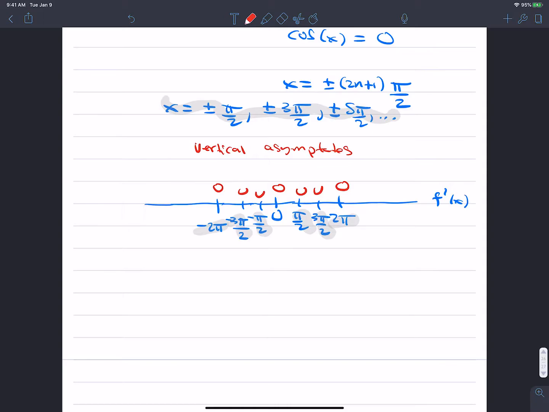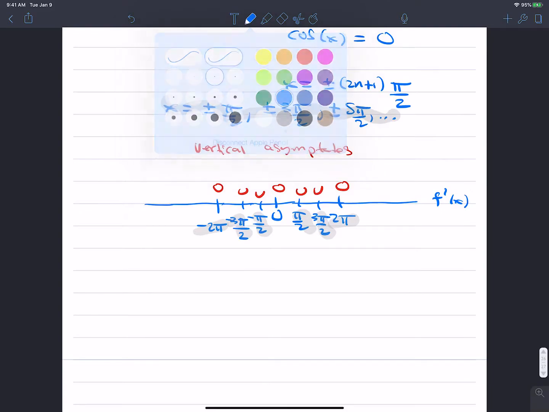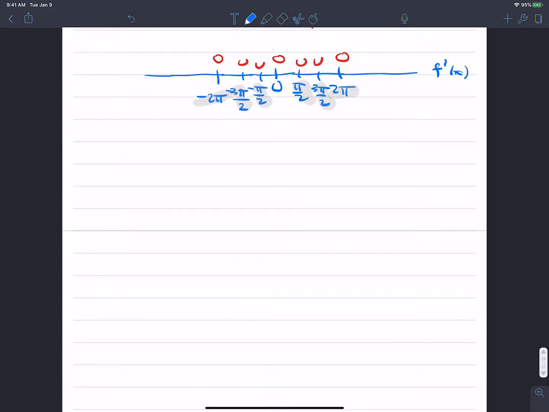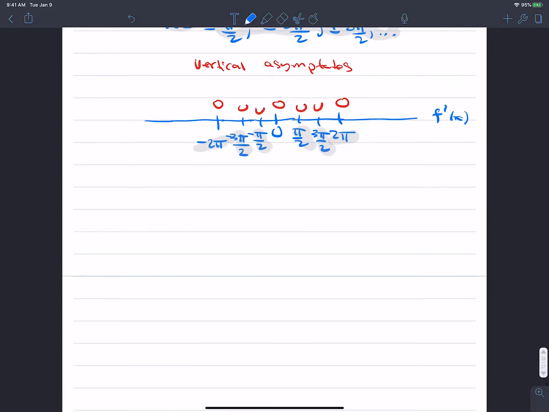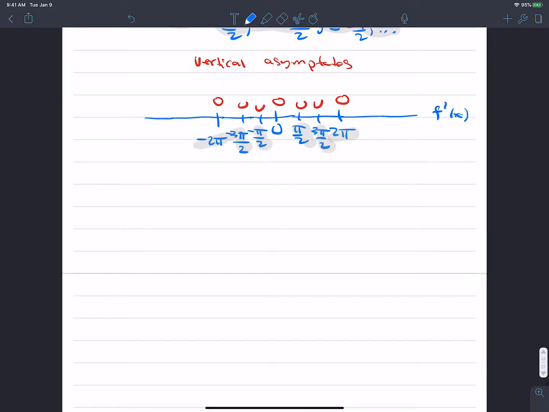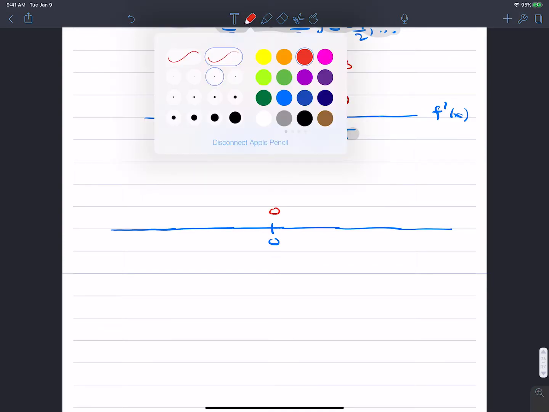Okay. So I want to take a closer look at our sign analysis here. I'm going to make this a lot bigger now. Let's remember our function here. So I have 0 here in the center, and my derivative was 0 here.